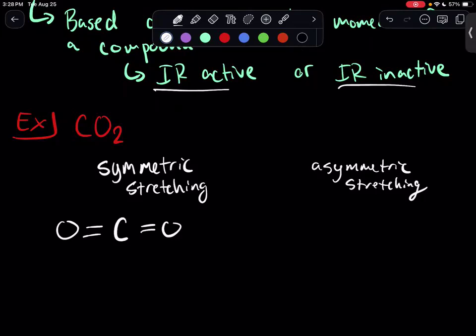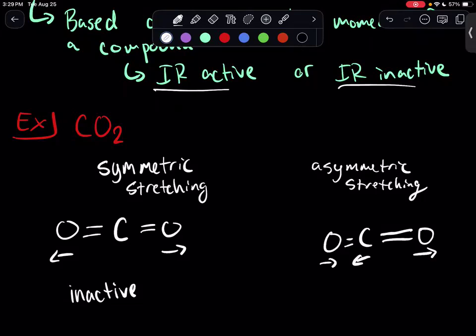and when the molecule stretches, it can stretch symmetrically. When it stretches symmetrically, those bonds will continue to equal out. It will continue to not exhibit an overall dipole moment. And therefore, when it's doing symmetric stretching, this is actually inactive. However, if, for instance, the bonds extend on one side and shorten on the other due to asymmetric stretching, so they bounce around, then our dipole moment shifts.